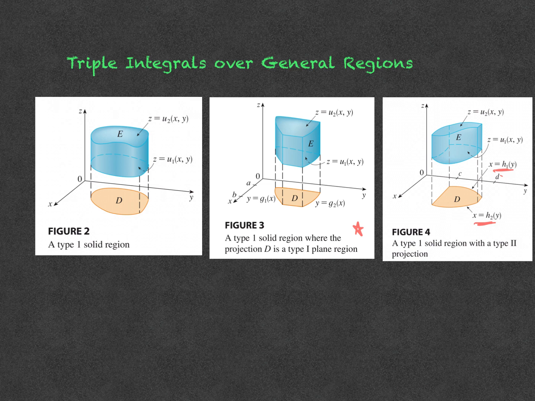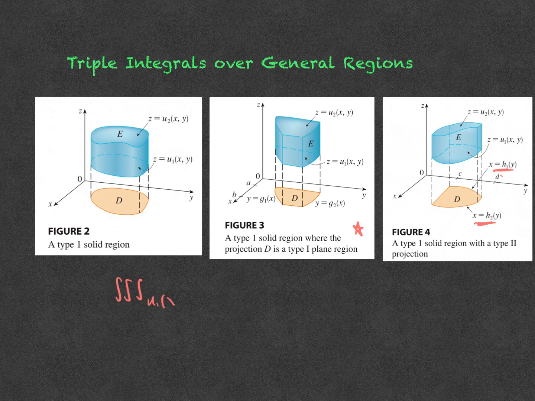So let's talk about what these look like in triple integrals. When we look at the first two, let's say figure 3, we have the triple integral here, and we can consider the double integral we had before, but then we have another integral from u1 to u2.